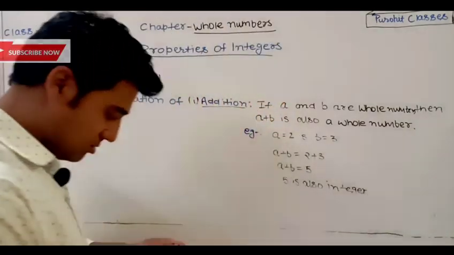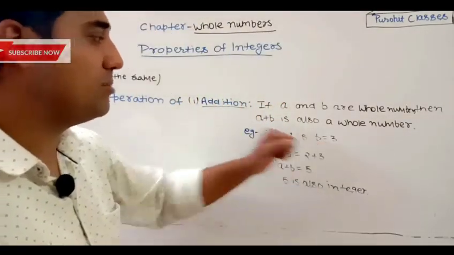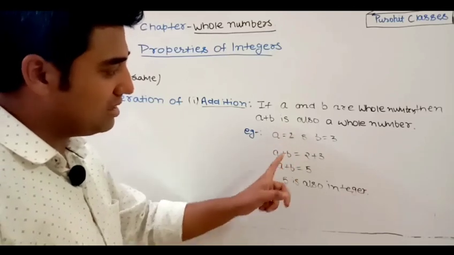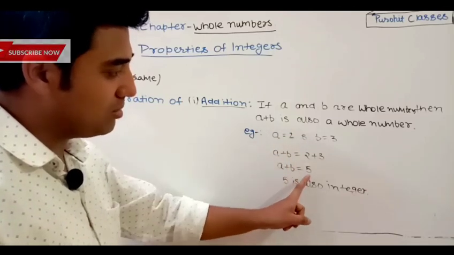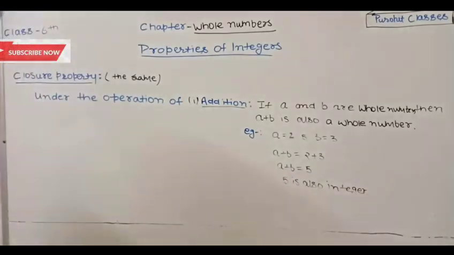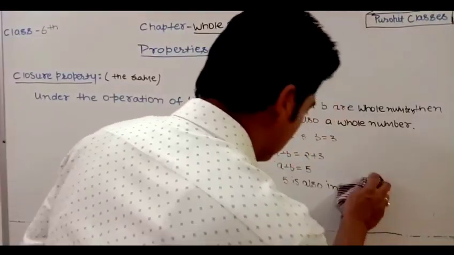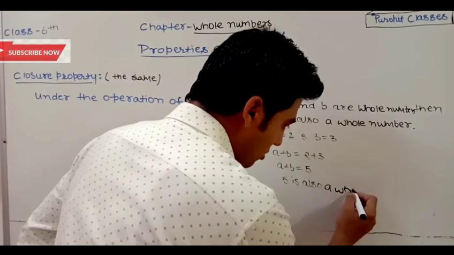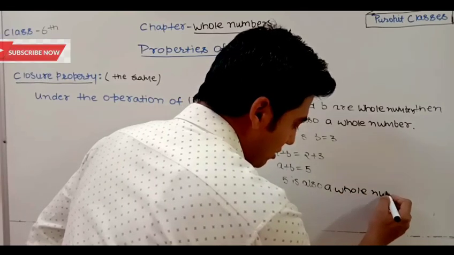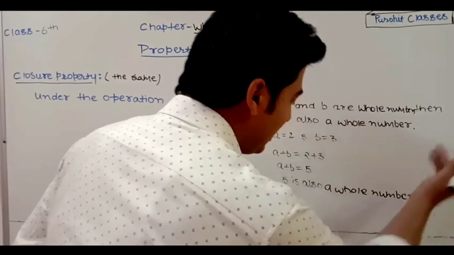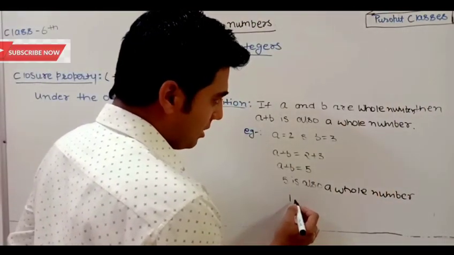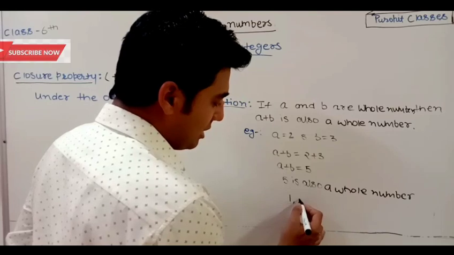Now let us check. For example, we have taken a equals 2 and b equals 3. We are adding 2 and 3. This is going to give 5. It means 5 is also a whole number. Now you can think about any two whole numbers, like I am thinking about 1 and 3.